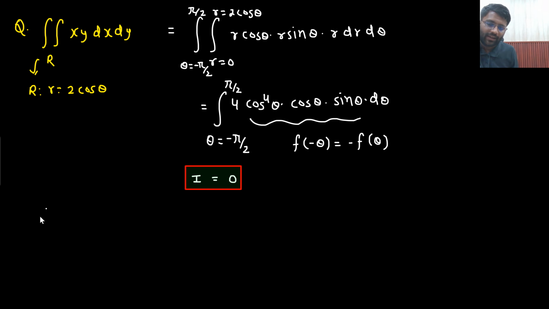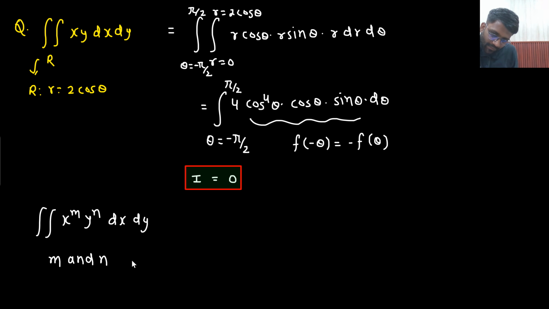And you check it for any x to the power m, y to the power n, dx dy, where m and n both together are not even. Then it will come out to be 0 only.